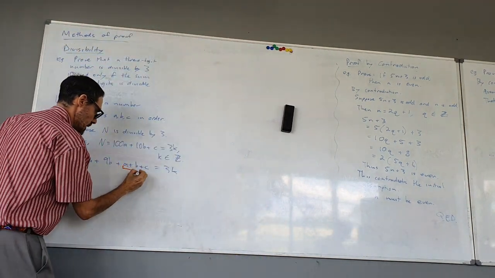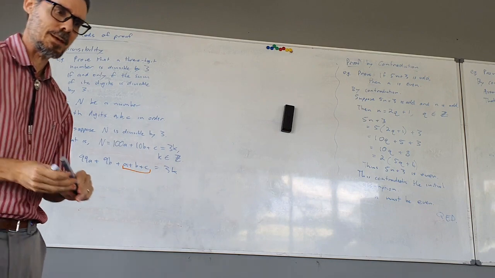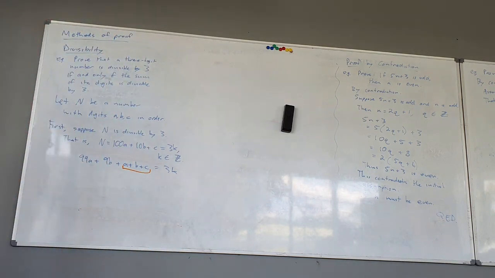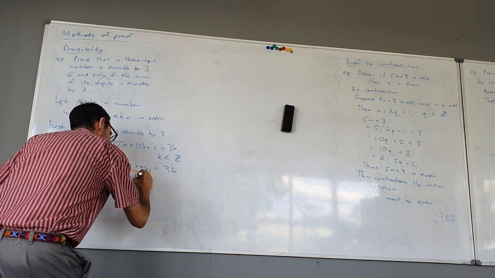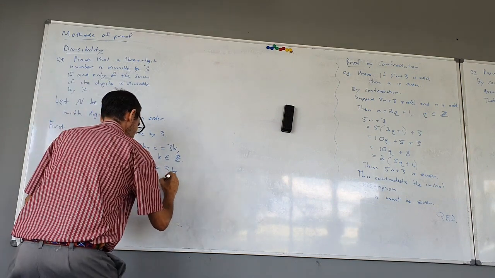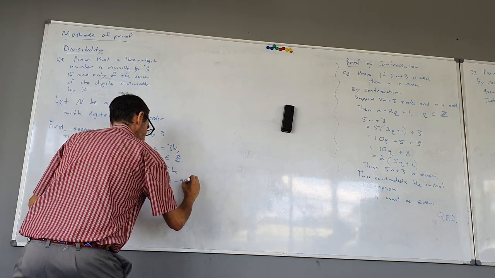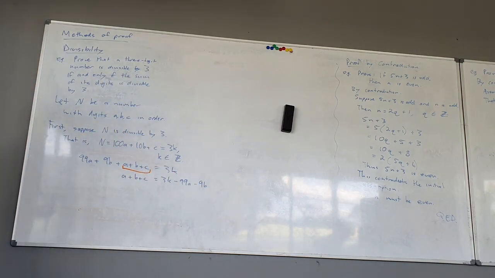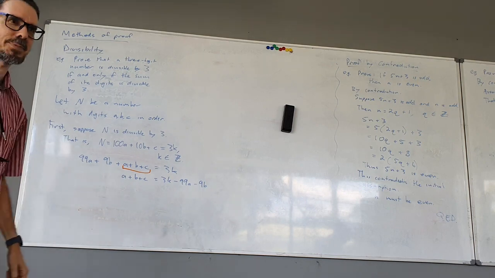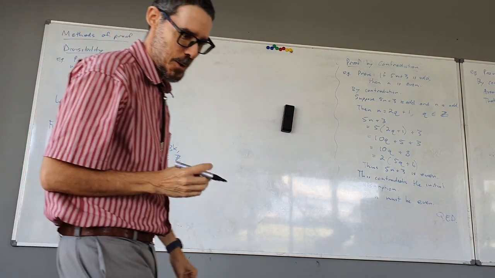This is what I'm aiming for, the sum of the digits. Leave those there and put these on the other side. A plus b plus c must be 3k minus 99a minus 9b.